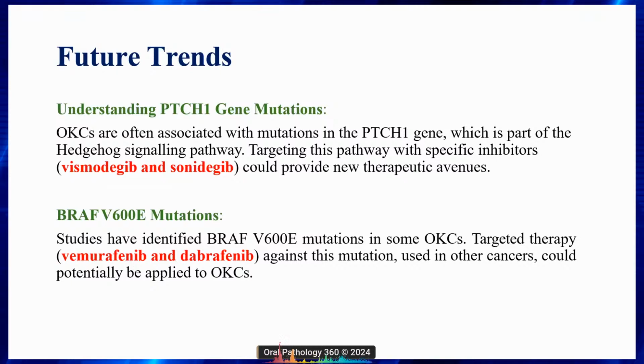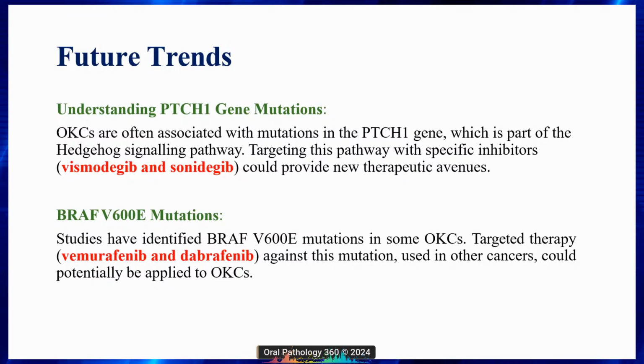Coming to future trends, understanding the PTCH1 gene mutation is important because OKCs are often associated with mutations in the PTCH1 gene, which is a part of the hedgehog signaling pathway. Targeting this pathway with specific inhibitors like vismodegib and sonidegib could provide new therapeutic avenues for treatment of OKCs.